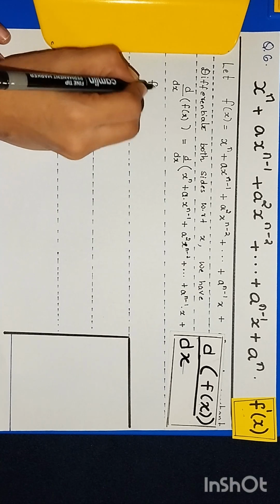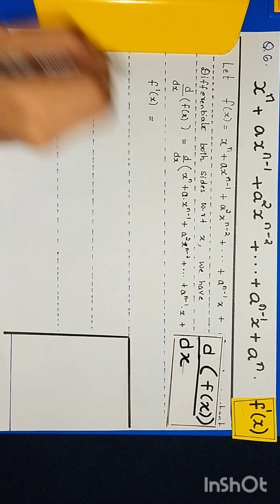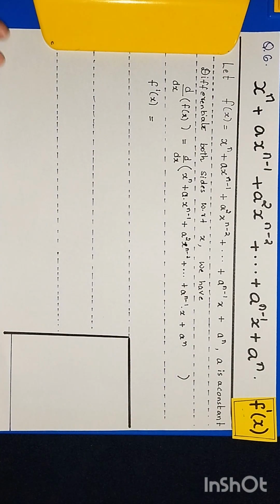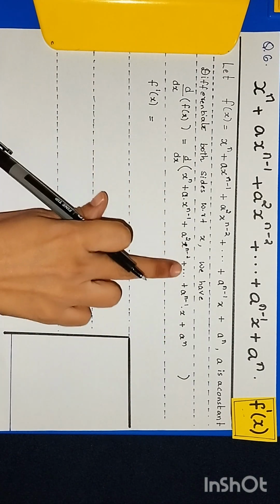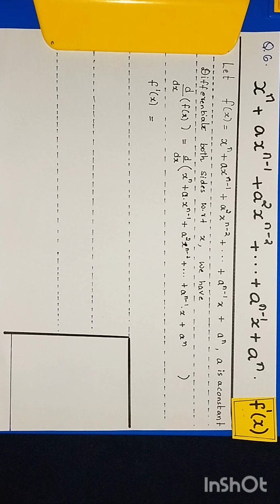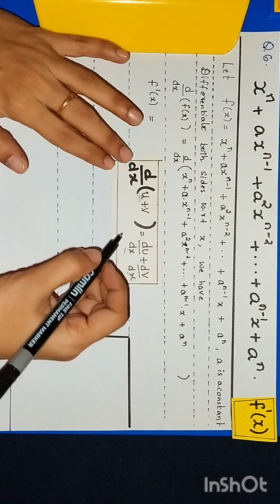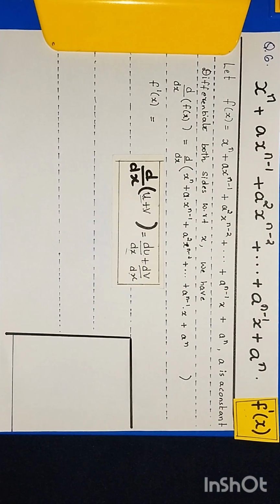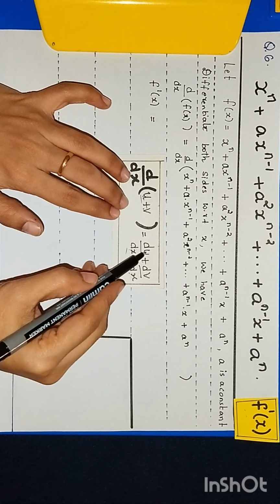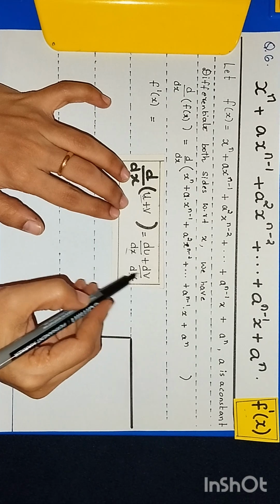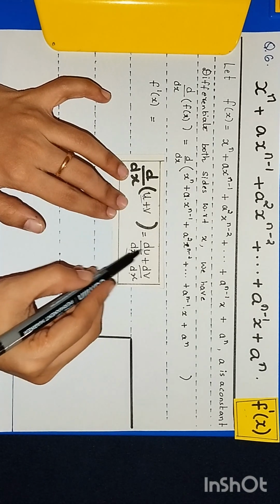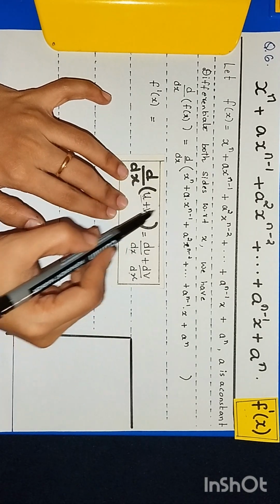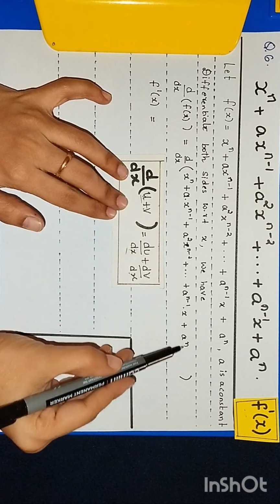So we can write f dash of x is equal to the derivative of the polynomial function. We have a sum of many terms here. From the algebra of derivatives, the derivative of u plus v is equal to du by dx plus dv by dx. When you have a sum of two terms, you write the two derivatives, and it applies even when you have more than two terms.